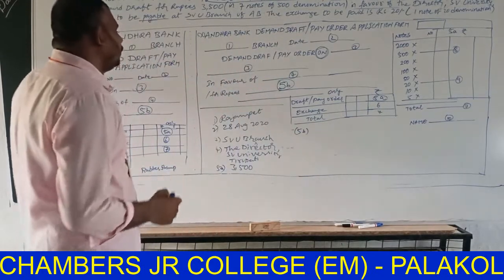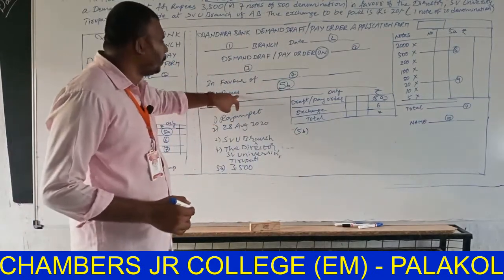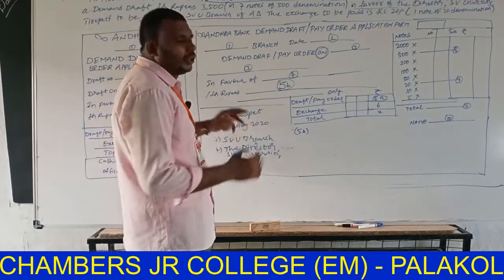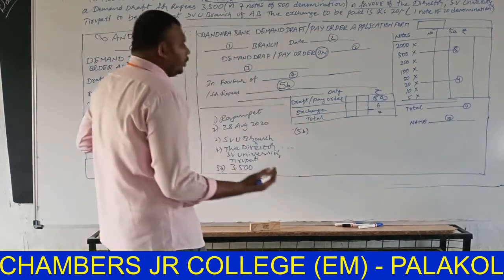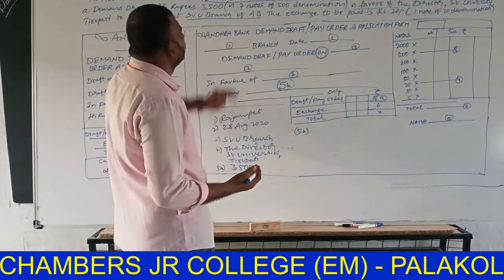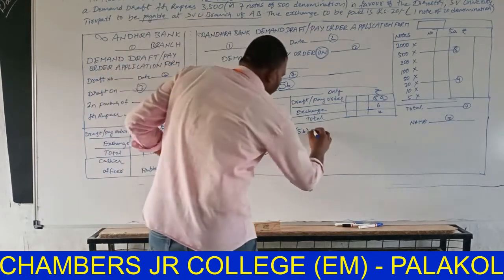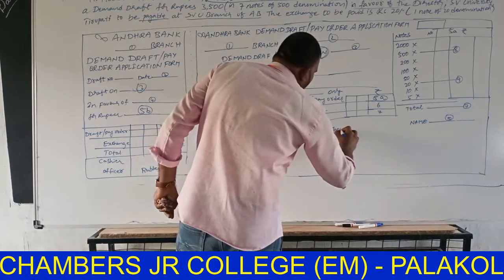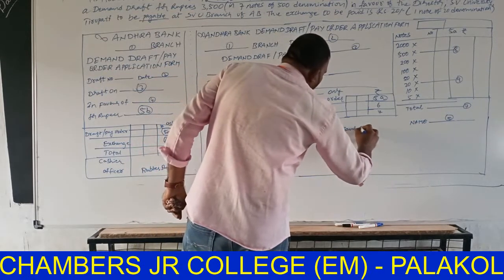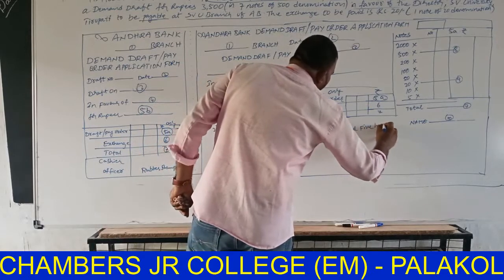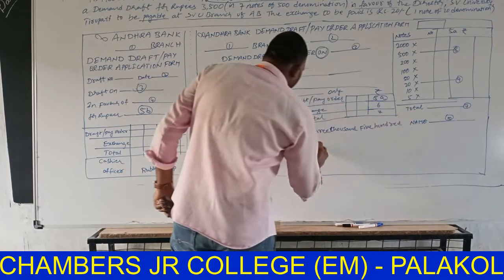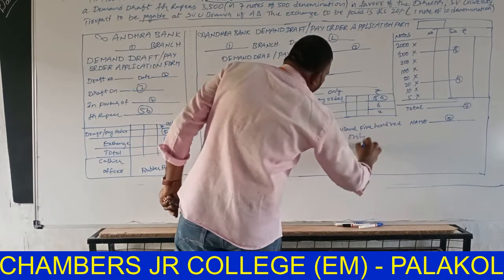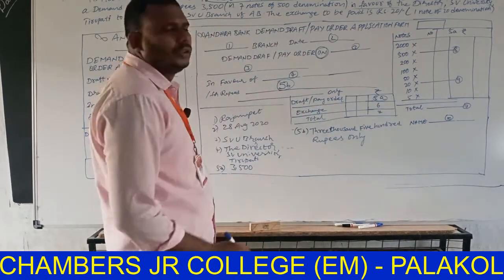So where is the letter 5B given? For rupees. So whenever we have the column of rupees, we need to write the total amount in words. The total amount here is 3,500 rupees only.